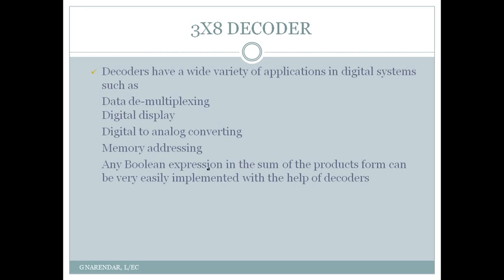So now the function can be realized in the sum of minterms form by using our decoder, as it is producing all the minterms for n variables. So this is also one important application of the decoder.